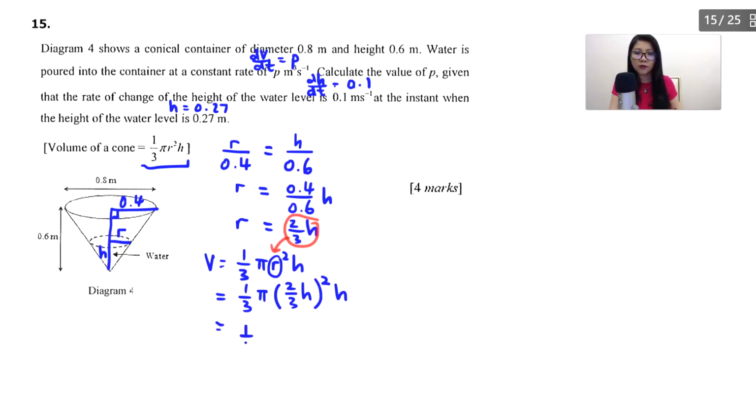Solving this, 1/3 of pi, and this is 4 over 9 h square, times h will be h cubed. It will be 4 over 27 pi h cubed.